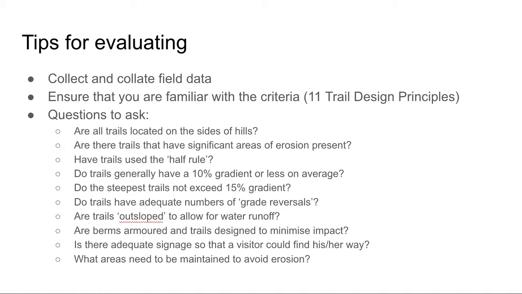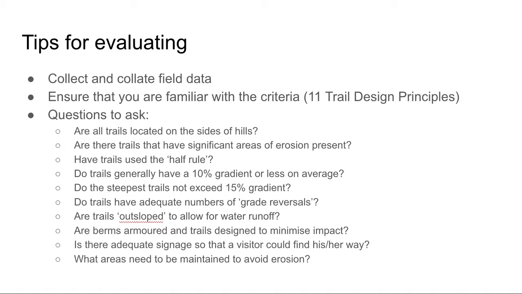Ensure that you're familiar with the criteria. In this case, let's use the 11 trail design principles. So some questions you need to ask yourselves. These are the types of questions that you should be able to answer yes, no, maybe, not sure. If you're not sure, maybe you haven't collected enough information. So have a read through those questions, and those questions relate to the 11 principles of trail design.